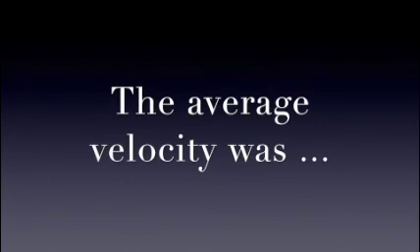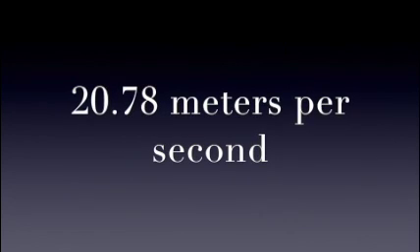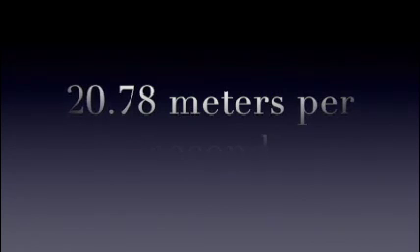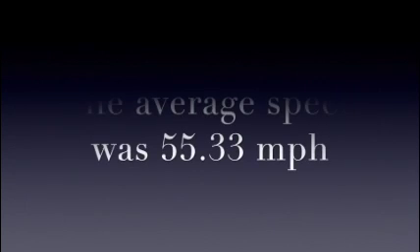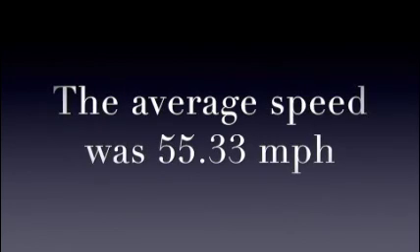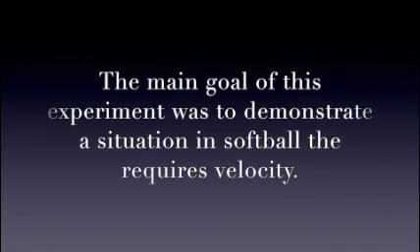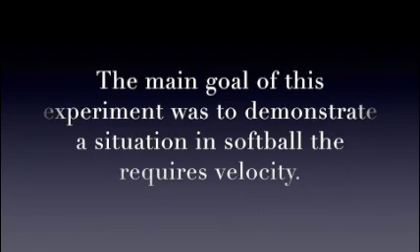The average velocity was 20.78 meters per second, and the average speed was 55.33 miles per hour. The main goal of this experiment was to demonstrate a situation in softball that requires velocity.